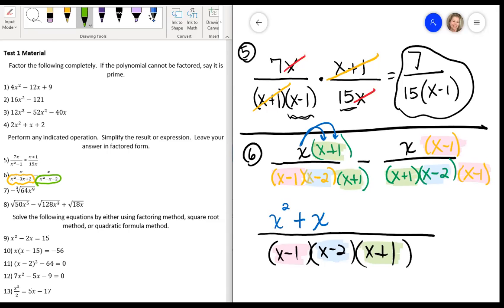And then back here, I'm going to distribute not only the x, but take this minus sign with it. So distribute the minus x. So that's going to be a minus x squared, and then a minus x times a minus 1 makes that a plus x.